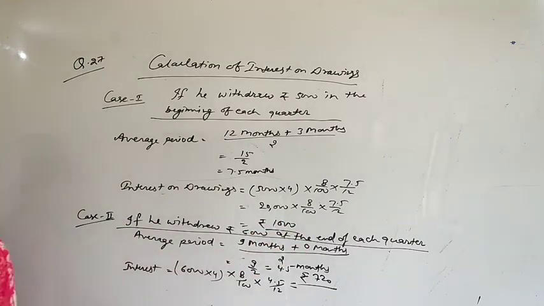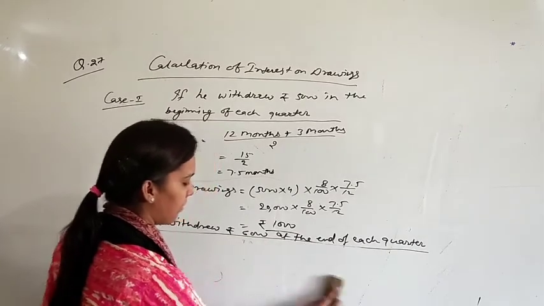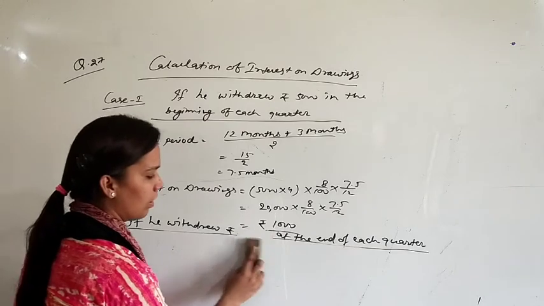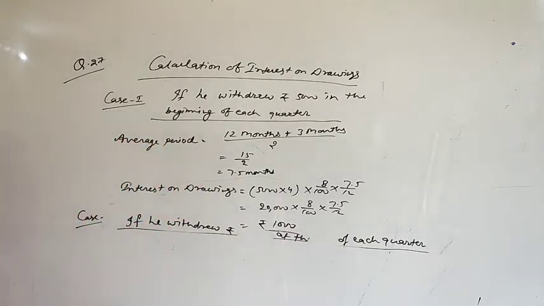Okay. Third case. If he withdrew 10,000 rupees during the middle of each quarter.